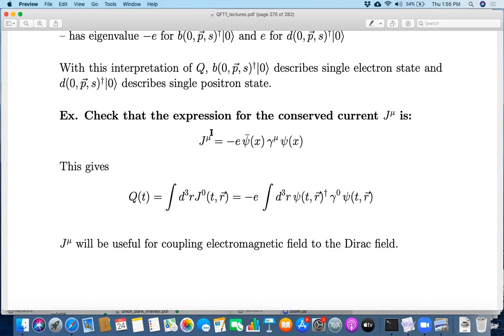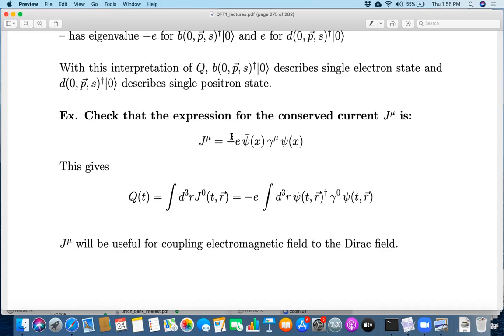Since this now has the interpretation as the electric current in this theory, we know that in Maxwell's equation, for example, J^mu, the electric current, appears on the right hand side of Maxwell's equation. And we had also written down the corresponding Maxwell action, the term in the action which produces that J^mu term on the right hand side of Maxwell's equation.